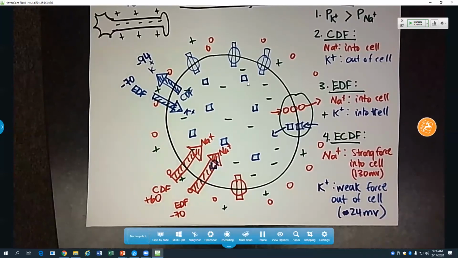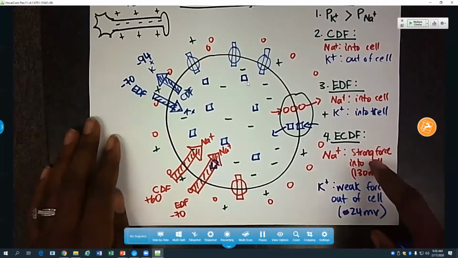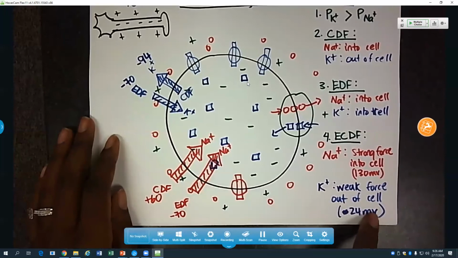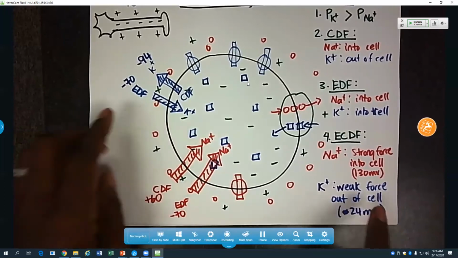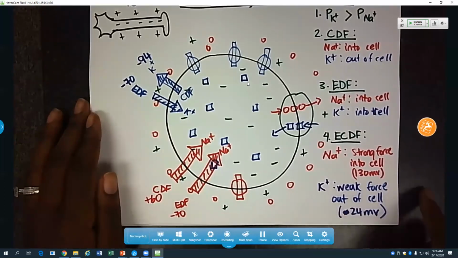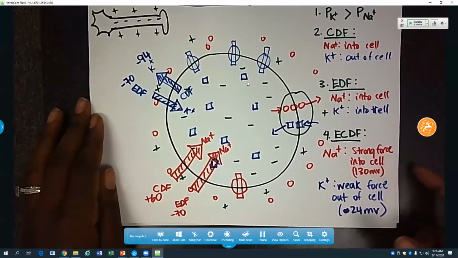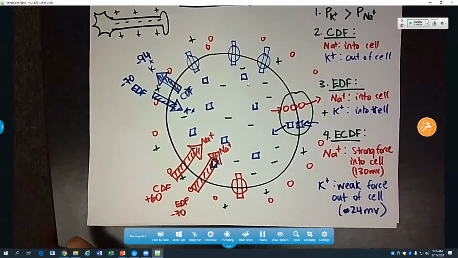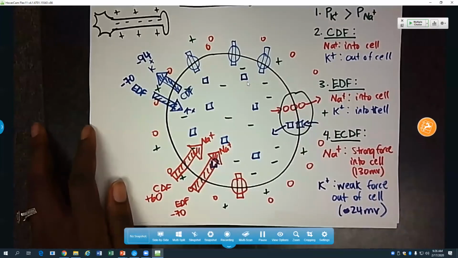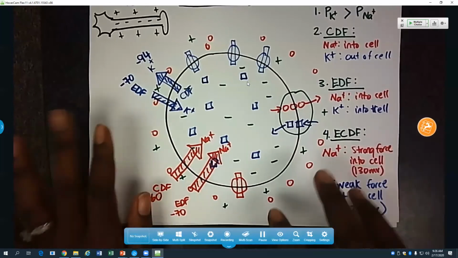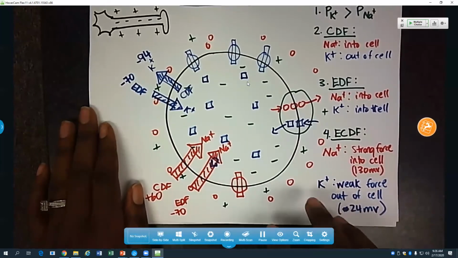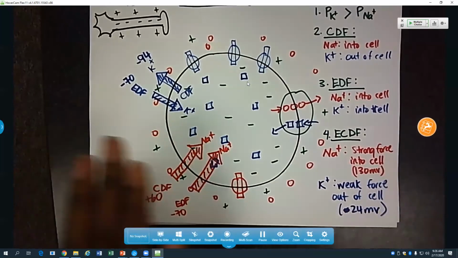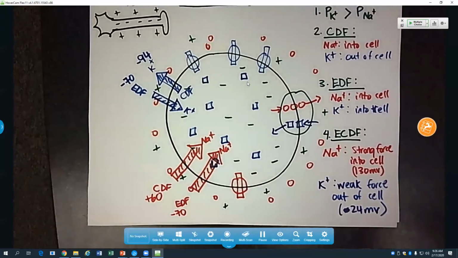Okay, and that's the force with which potassium wants to leave the cell. So we got a strong force for sodium going in and a weak force for potassium going out. And when all of this gets to steady state, that is where we observe our negative 70 millivolts. And all that that means is that the inside of the cell is negative 70 with respect to the outside of the cell, and the cell is now at steady state. Okay, and this is what happens in a neuron, specifically at rest.